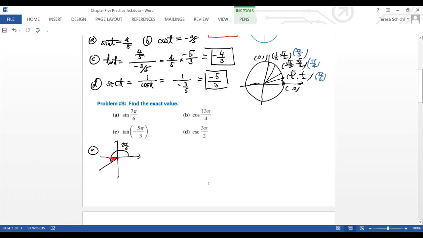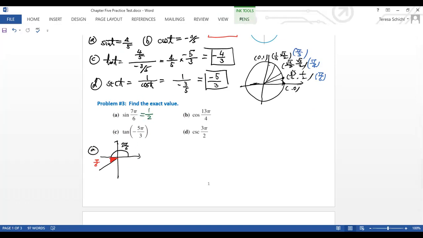The reference angle is always the angle related to the x-axis, and it's always positive. From here to here is a pi, so this reference angle is pi over 6, right? And the sine is y, so the answer is 1/2, but it is negative here, right?